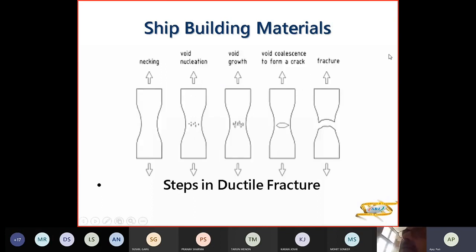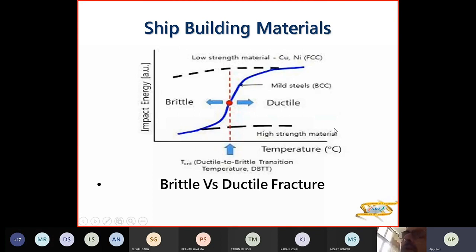Here again you have the necking, void nucleation, void growth, void coalescence, and the fracture. Brittle fracture will absorb low energy, ductile fracture absorbing more energy. Temperature rise will be more here. Brittle fracture occurs in low temperature. Ductile will occur in high temperature. So the differences are there. Low strength materials are copper, nickel, mild steel here, high strength material. So your impact energy versus your temperature here.